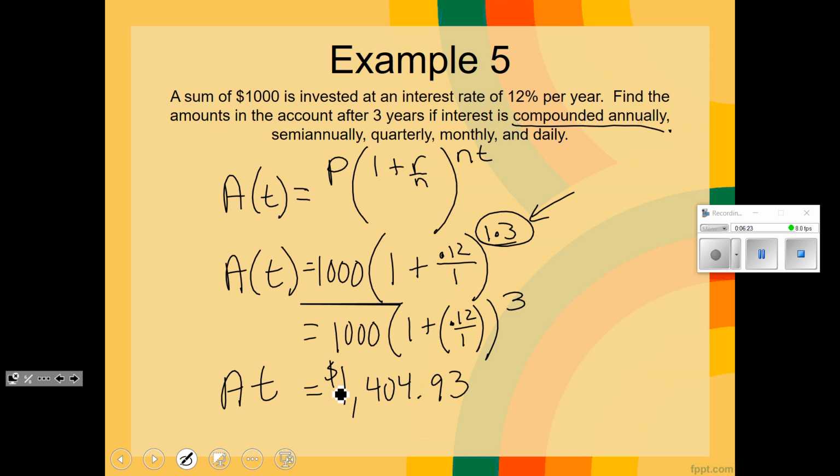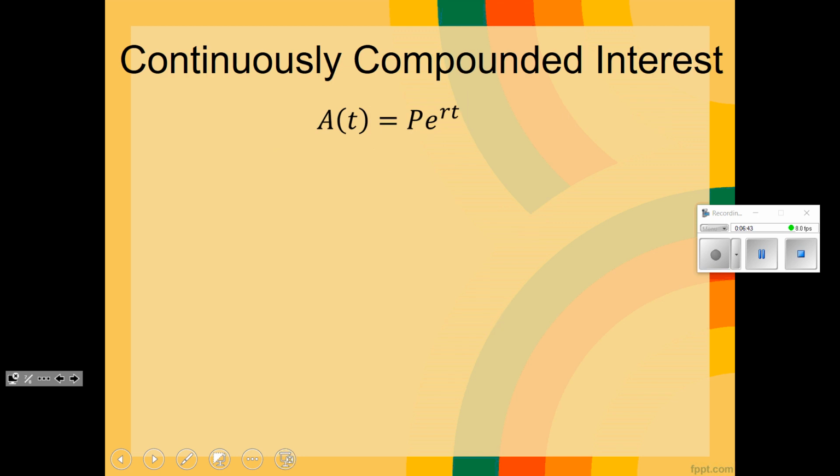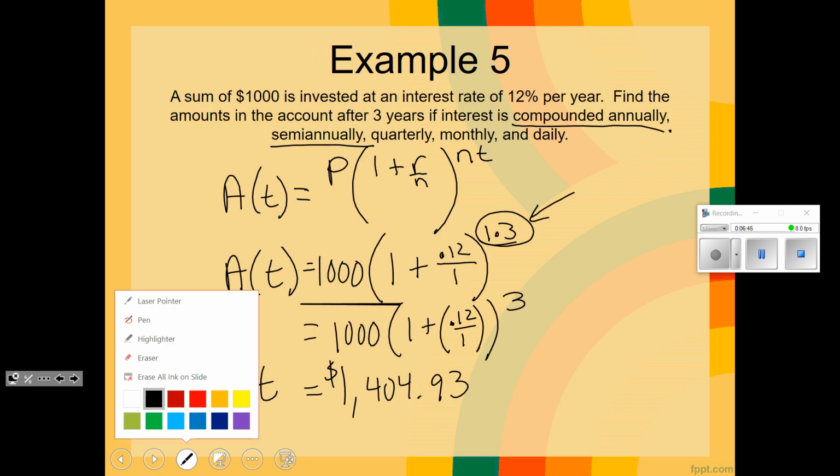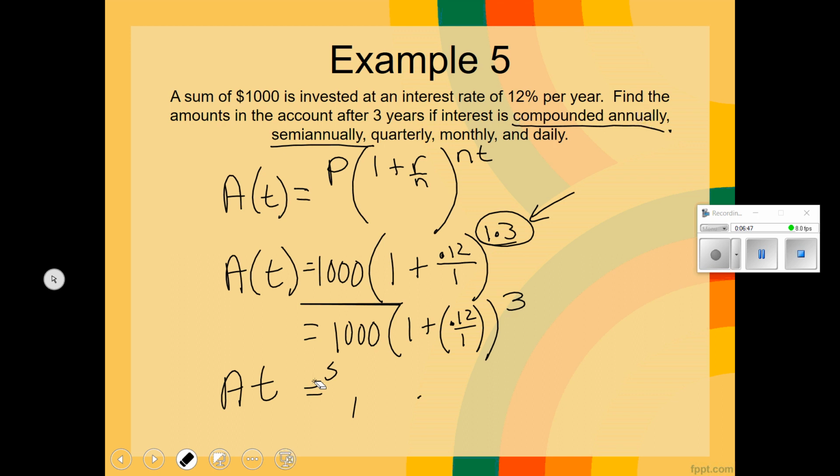Now let's go back and look at what it would be semi-annually. You told me that you feel like the more times you compound it, the more money it's going to make. Let's see if that's true. Really it's going to be the same formula, except what am I changing now? I'm going to change the n.